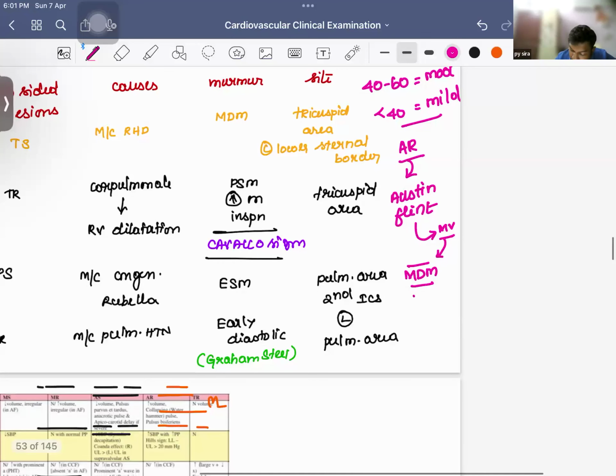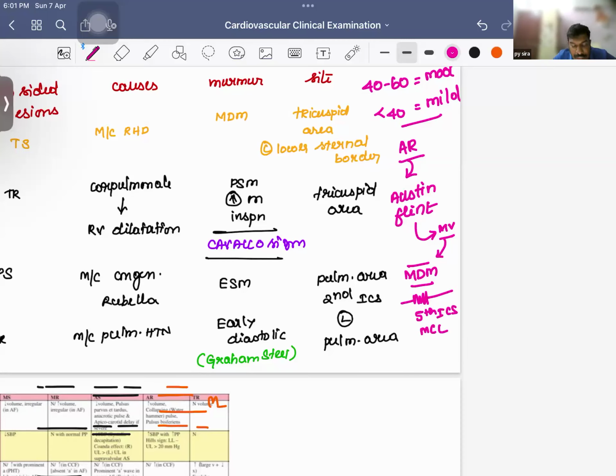The Austin Flint murmur is a purely mid diastolic murmur. It will not extend into late diastole like mitral stenosis. It is heard in the fifth intercostal space, mid clavicular line.